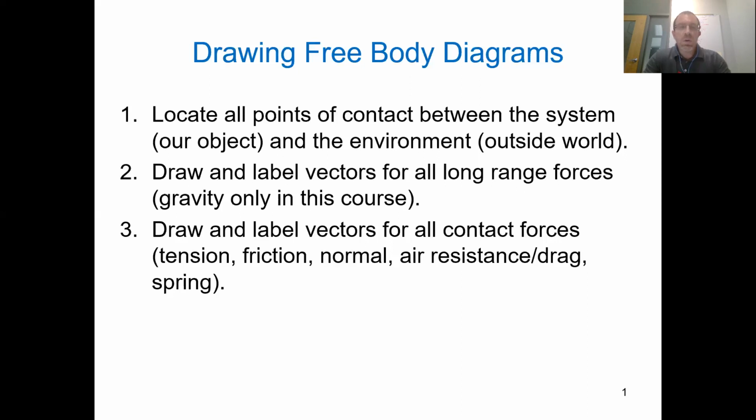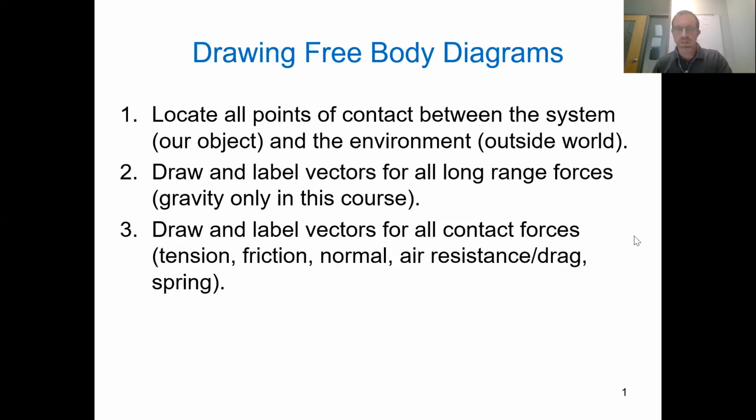Then we turn to the contact forces and look at all those points of contact between our object and the outside world, and draw and label vectors for all of our different forces from those points of contact. Sometimes our points of contact may have two forces. For instance, if we've got a point of contact between two surfaces, then I might have a normal force and a frictional force as well.